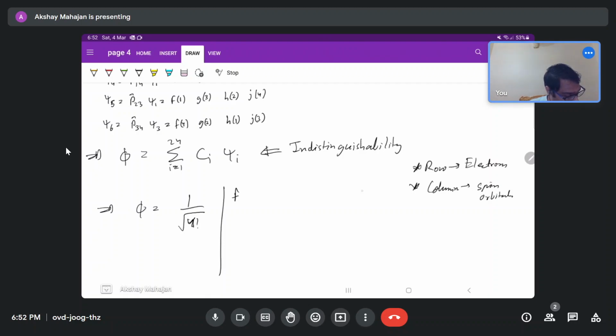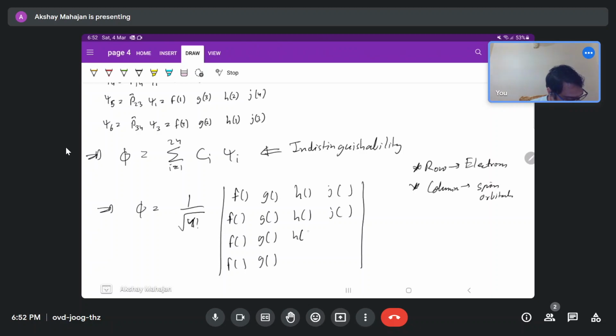So I have my columns F, G, H and J, my spin orbitals. There will be a 4 cross 4 determinant, and my electrons I will put in rows.